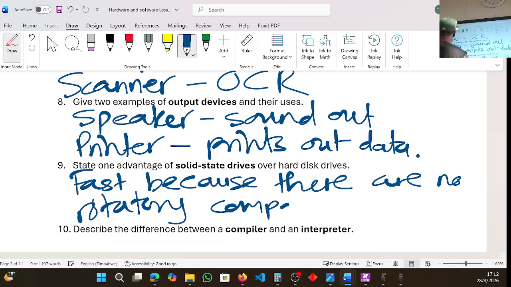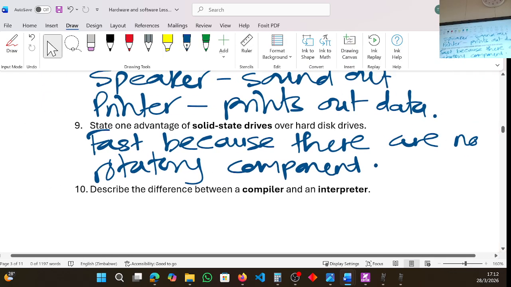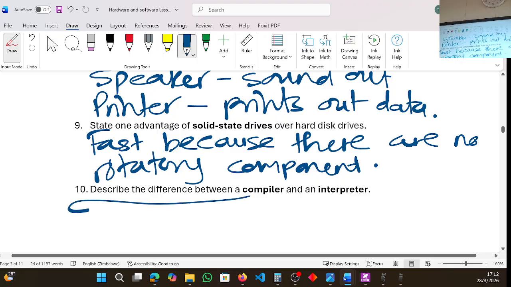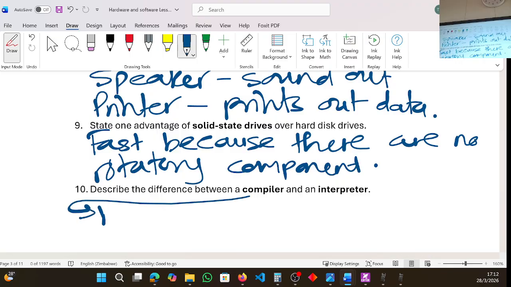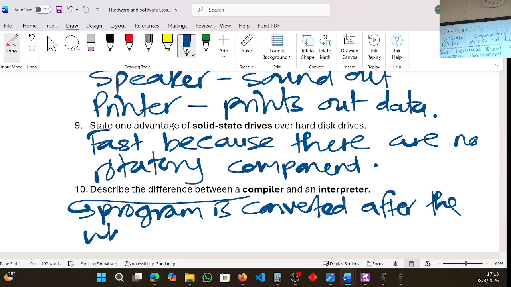Right. Then the last one, describe the difference between compiler and interpreter. So with a compiler, the program is converted or compiled after the entire file or code is developed.